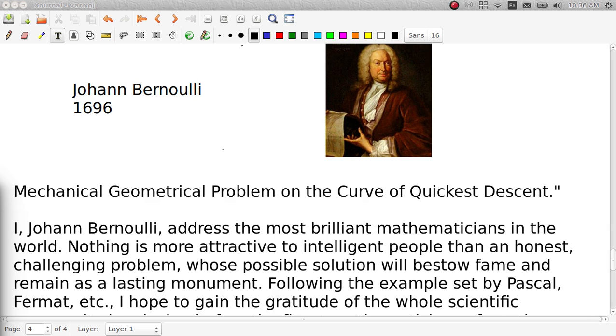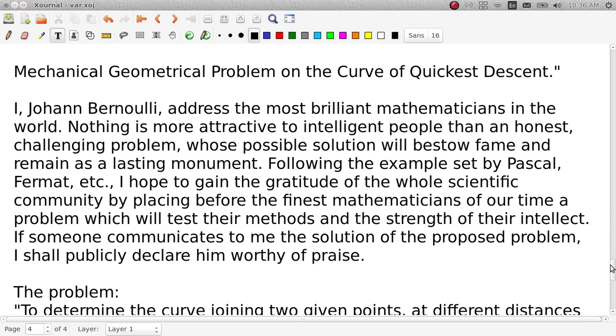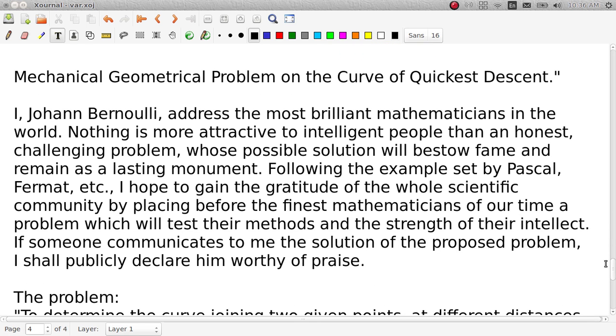So this is a translation of his challenge as he posed it, saying, I, Johann Bernoulli, address the most brilliant mathematicians in the world. Nothing is more attractive to intelligent people than an honest, challenging problem whose possible solution will bestow fame and remain as a lasting monument.